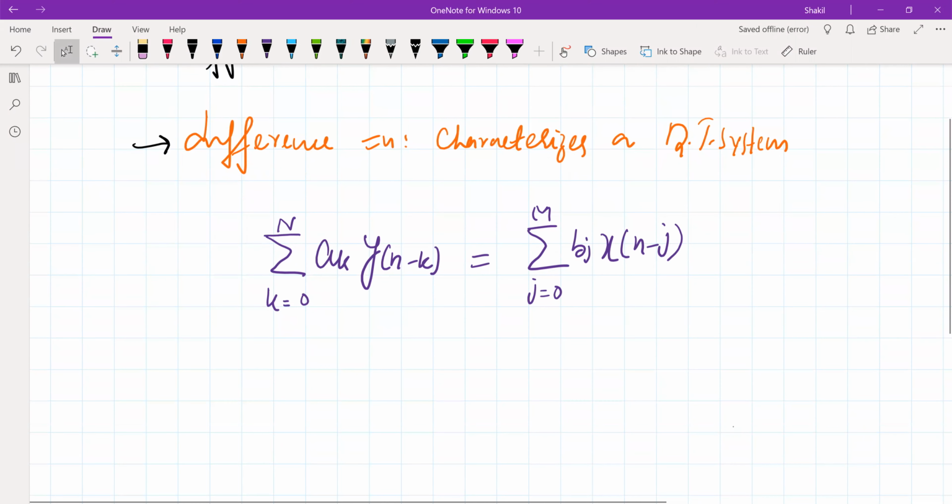This is an nth order difference equation if n is greater than m. And we say y is the output and x is the input of the system.